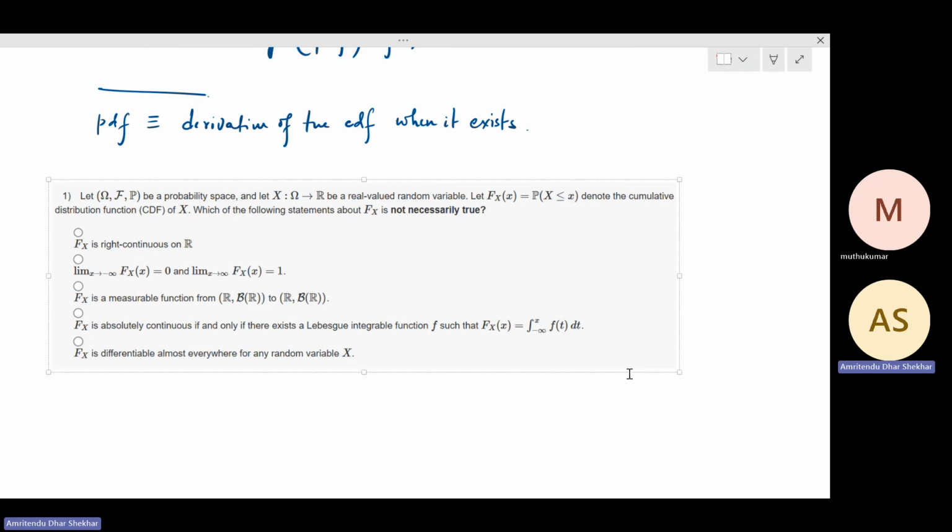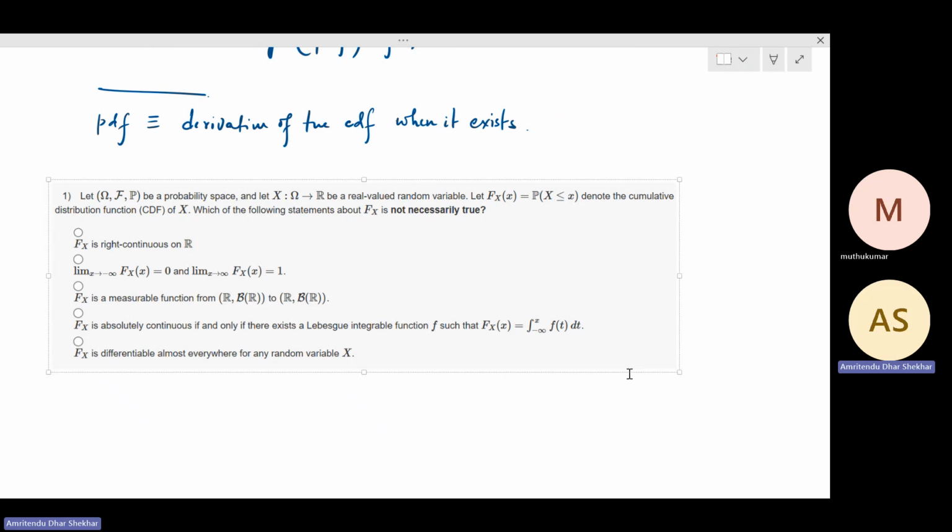If the problem indeed has a solution, then it will be either the third or the fifth one. But I don't think they were wrong. I think they're correct only. The fifth one is correct because it is differentiable almost everywhere, whether it is discrete or continuous.